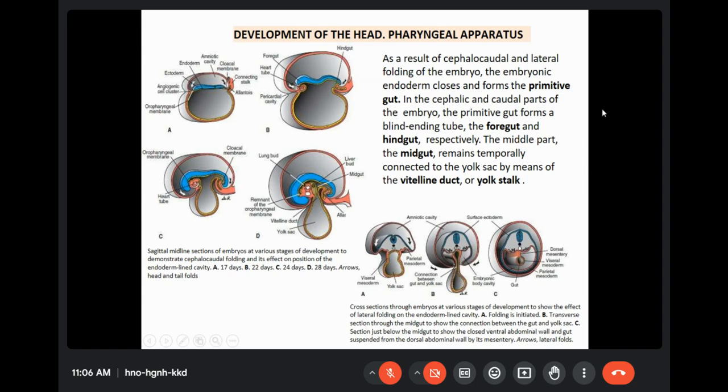So the process of the lateral folding leads to formation of the primitive gut, and then this primitive gut is subdivided into foregut, the head region of the gut, midgut, the middle portion, and the hindgut, the last portion of the primitive gut of the embryo.